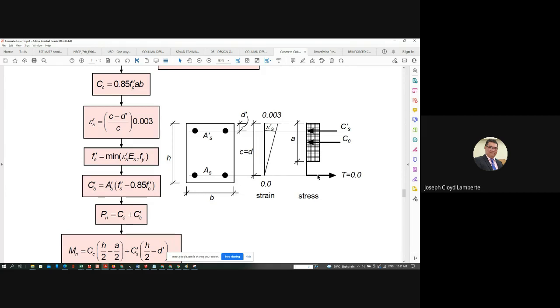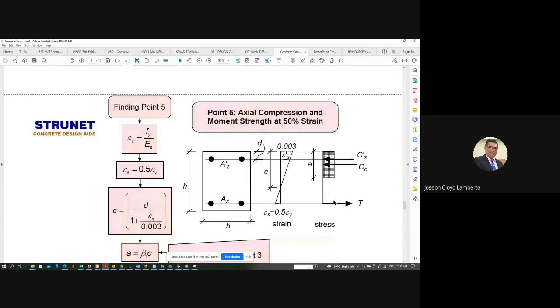Here it is zero, then tension is created, and it behaves like a beam. So you need to consider now the beam action of your column.